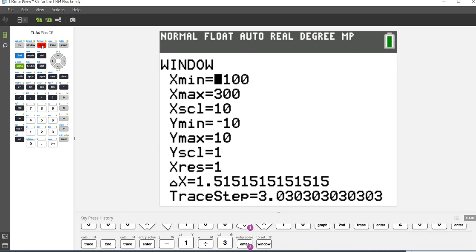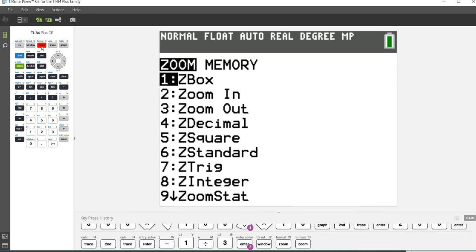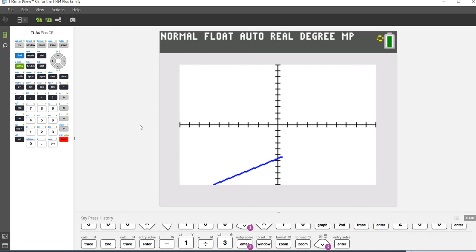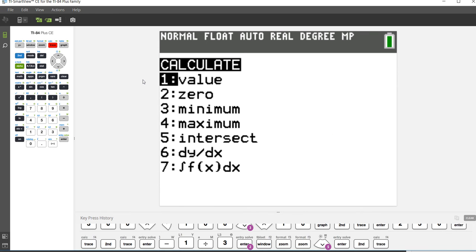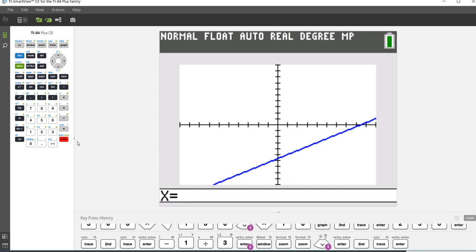Let's go back to Zoom Standard, which is number 6. Okay. Oh, I know what I did. I hit the minus sign instead of the negative sign. So let's try that again. Second, calc, value, when x equals negative 1/3.